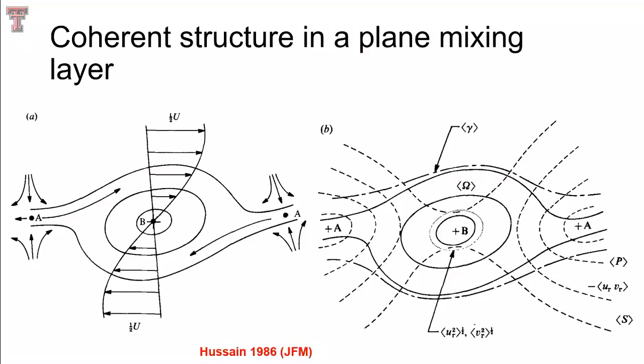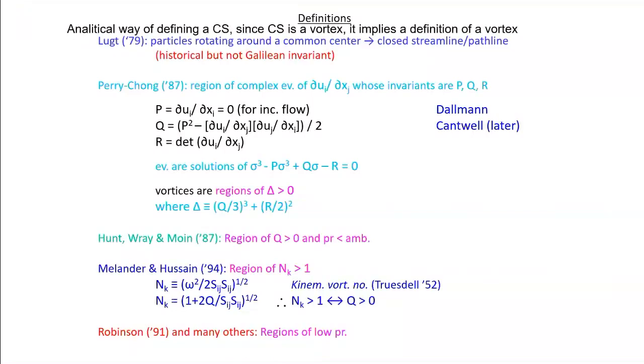And also the turbulent Reynolds shear stress is also maximum at the braids, which is on the sides of this rotational part. And this rotational part actually collects that turbulence and puts it together at the center of the vortex. So this is very interesting. I wanted to emphasize, work in the 80s.